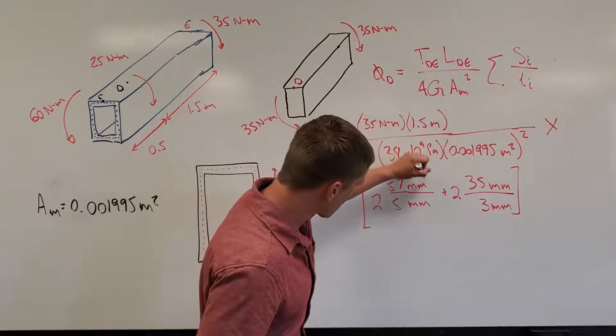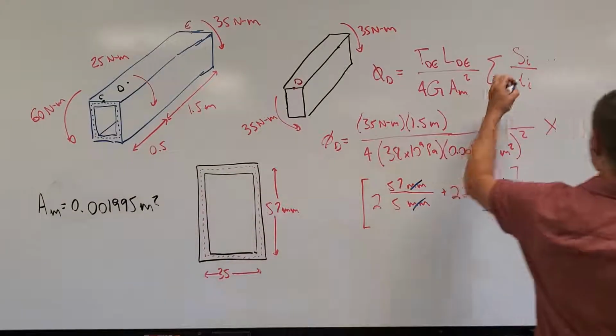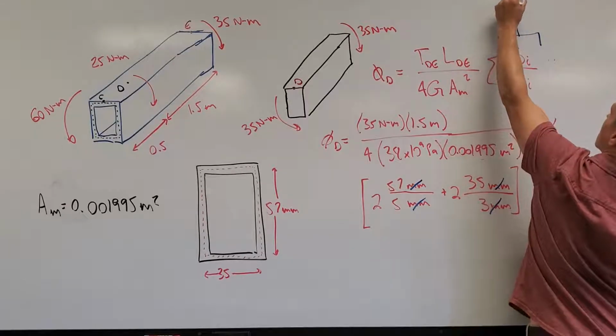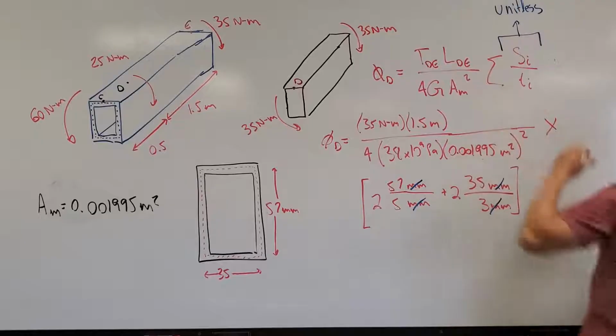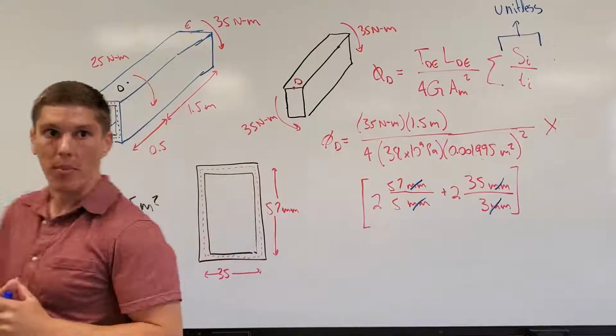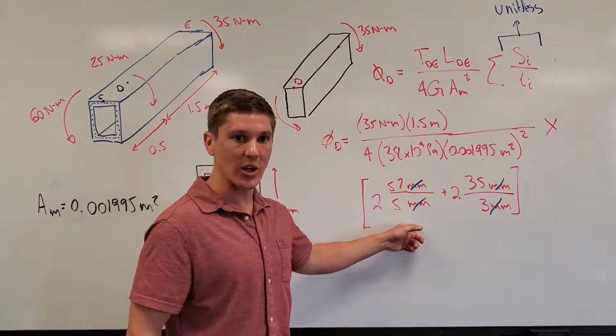My units actually cancel out, so this entire term in our summation is unitless. I don't have to convert that ratio term from millimeters to meters.